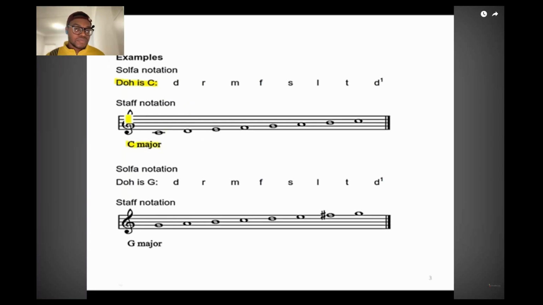This will be how the staff notation will look, and this will be how the Sol-Fa notation will look. So if Do is G, that means it's G major. That's how it will look on the staff, and also how it will look as a Sol-Fa notation.